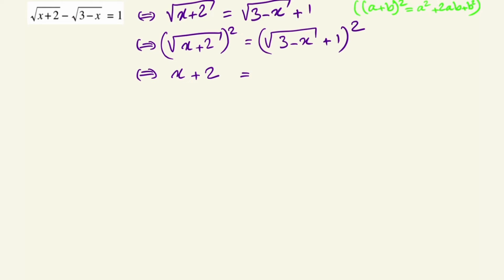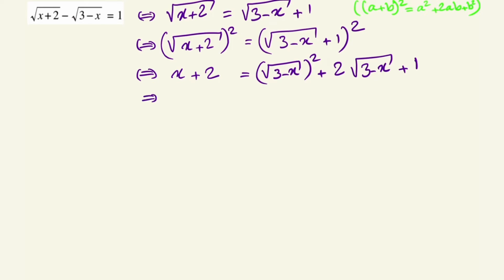So what we're going to have is this squared, so square root of 3 minus x squared, plus 2ab. 2ab is here, we have 2 here, we need ab, b is just 1 and a is that, so let's write square root of 3 minus x, plus b squared, which is just 1 squared, just 1.